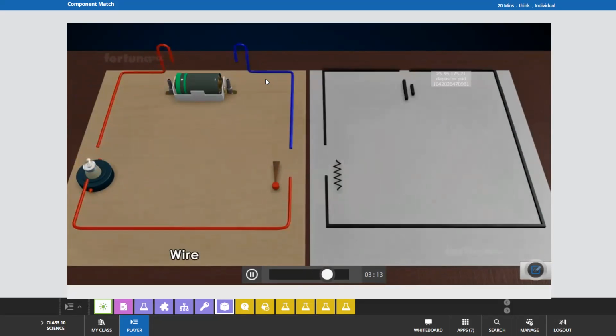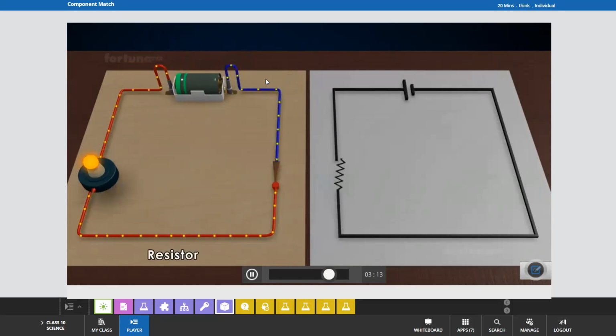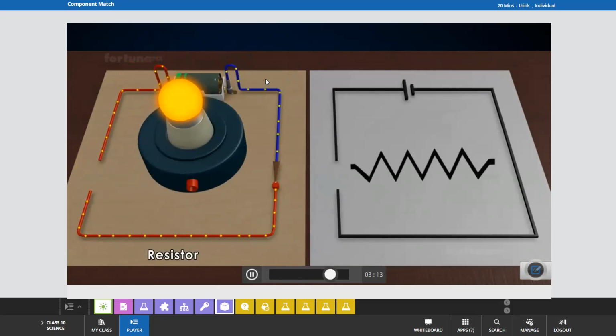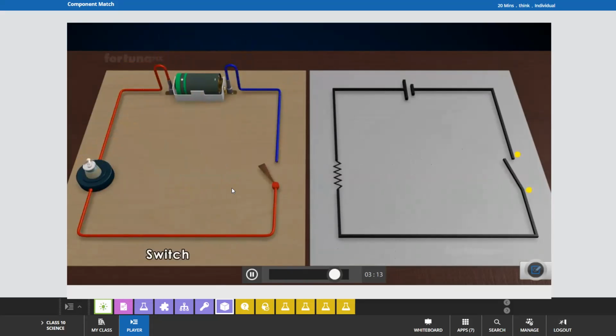A wire or conductor will be depicted by a straight line. A resistor, which is a device that resists electrical flow, will be indicated by zigzag lines. A resistor may also be a light bulb. A switch, when open, is represented by a broken line and when closed by a connected line.